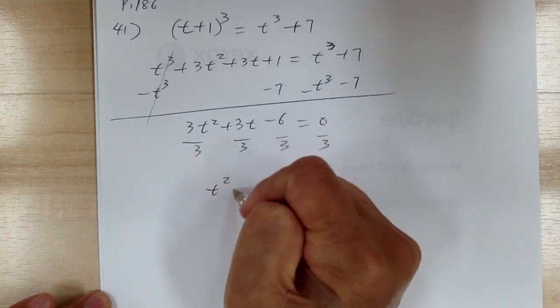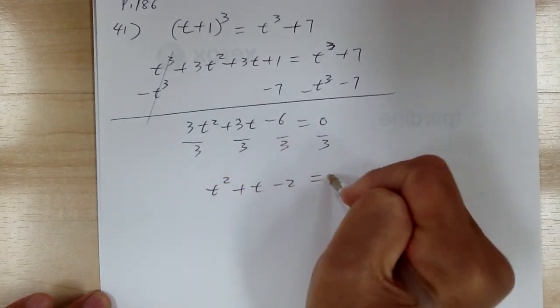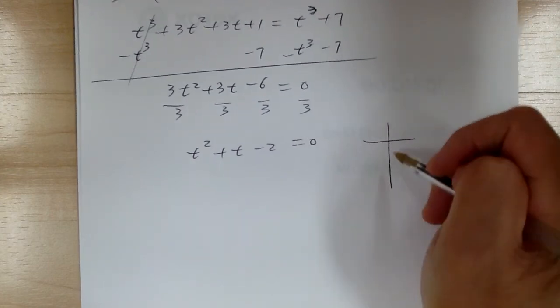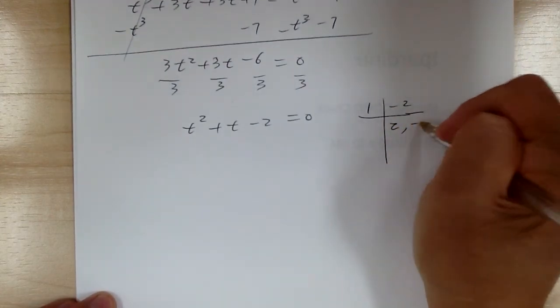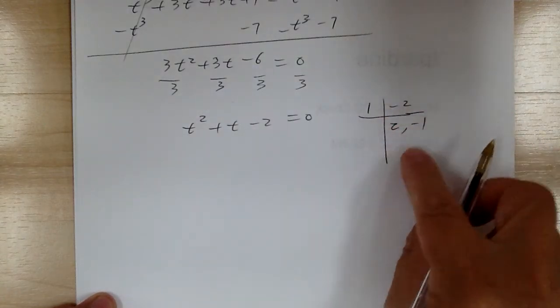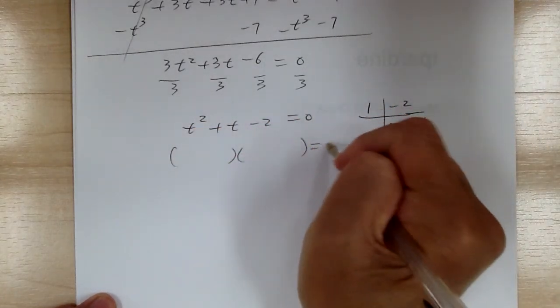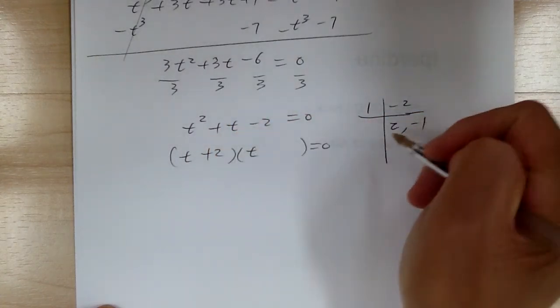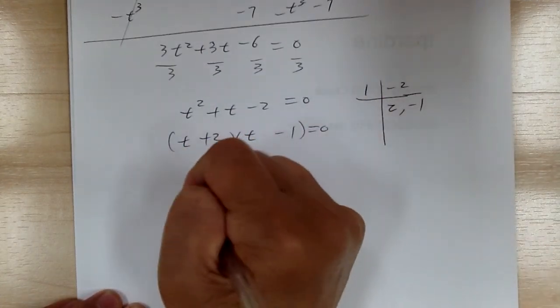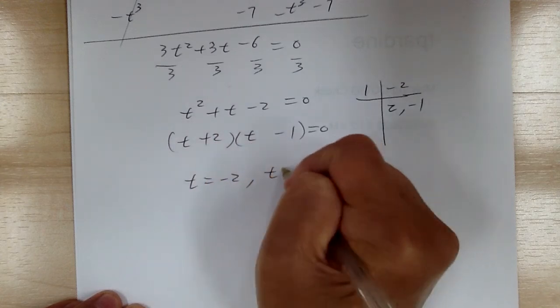So I get t squared plus t minus 2 equal to 0. And do the factoring, so 1, negative 2. So I get 2, negative 1. Okay, so you can start with 1 and 2, and then you get that. So undo the first term, and this one you just put in whatever you get. And so you're going to get t equal to negative 2, t equal to 1.